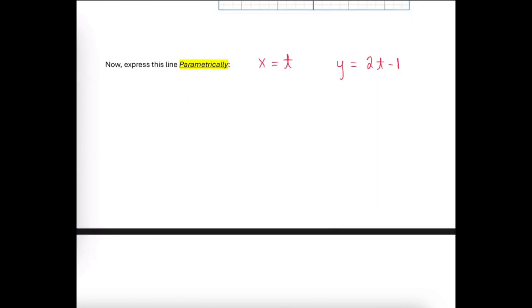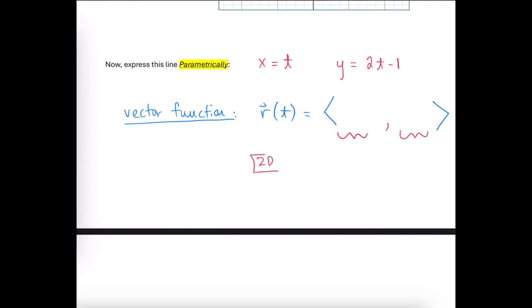Now in calculus, we're going to be expanding on this idea, and we're going to introduce the idea of a vector function, which essentially is a vector but that has an independent variable that is going to be this parameter value. And our vector function is going to be a vector written in, I'm going to say, pointy bracket notation, where we have an x component and a y component. We're in two-dimensional space here in this particular example.